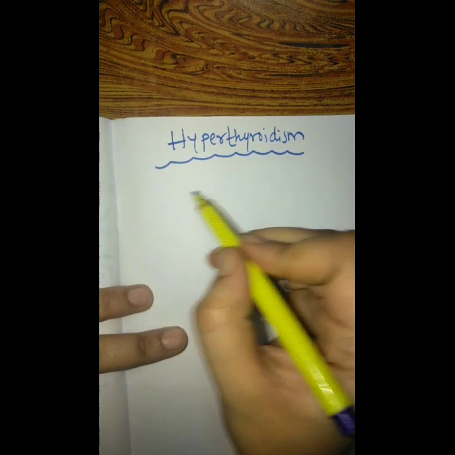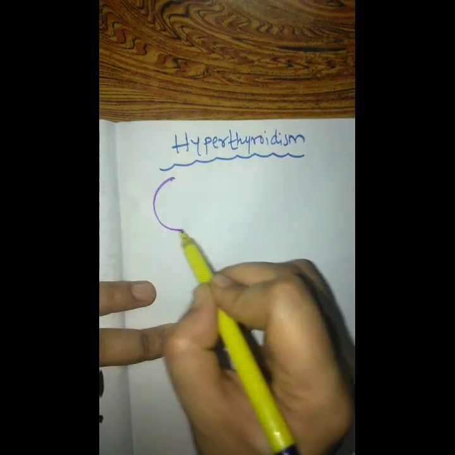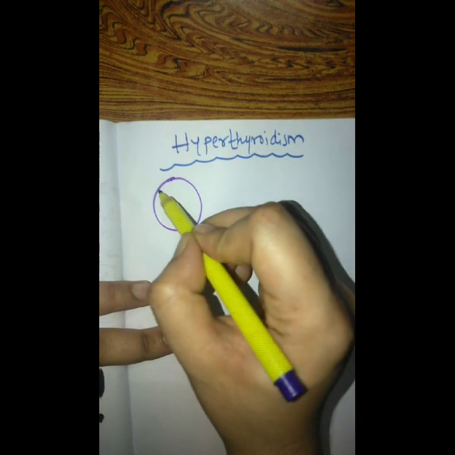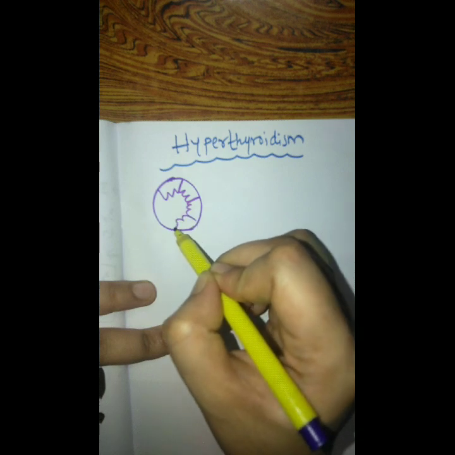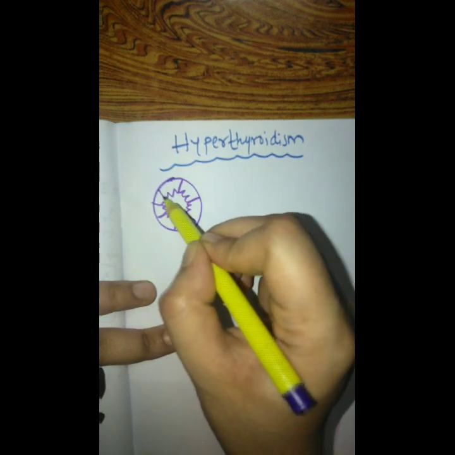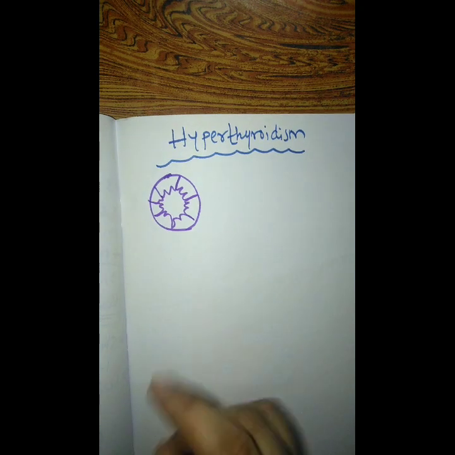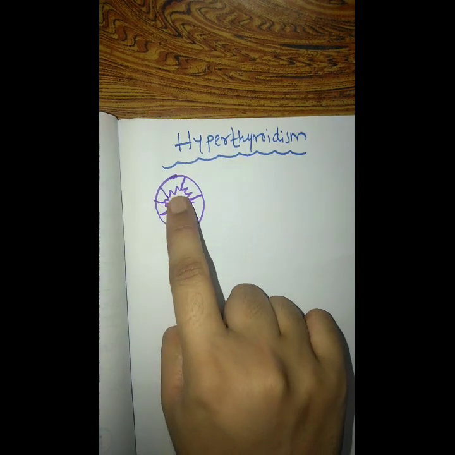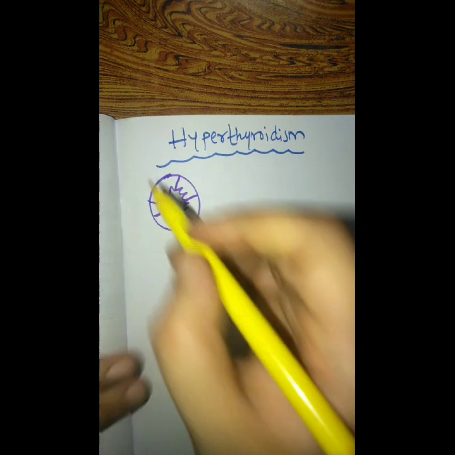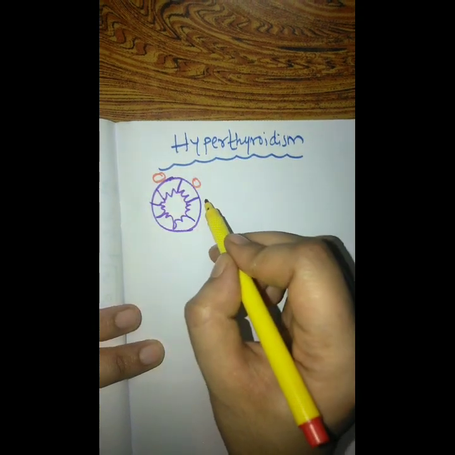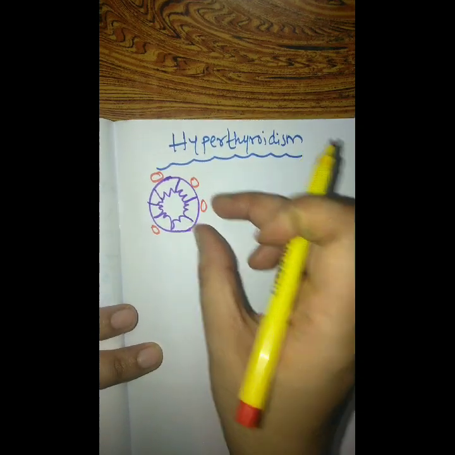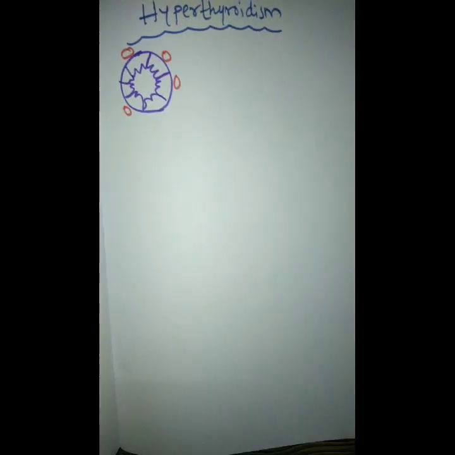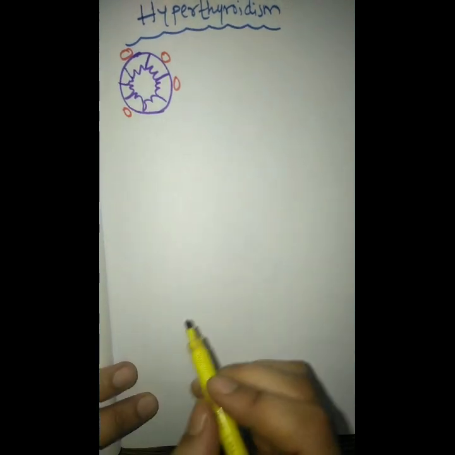As you know, this is your thyroid follicles with all your follicular cells. These are your follicular cells, at the center will be colloid, and surrounding there will be some blood vessels. I'll zoom up one of the follicular cells and we'll check very fast how these thyroid hormones are synthesized.